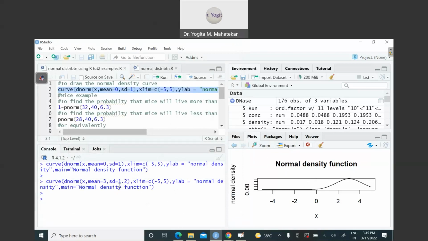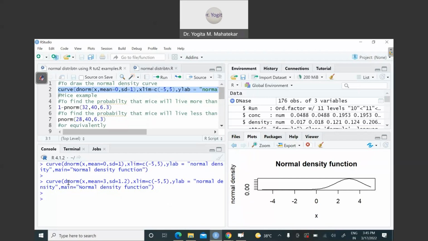So the maximum value that the bell-shaped curve will take is at x equal to 3, namely the mean. At the mean you will get the mode; at that particular value of the independent variable x, the function will have its maximum value. Now we will solve examples using these commands.